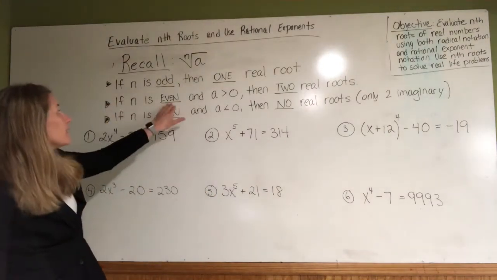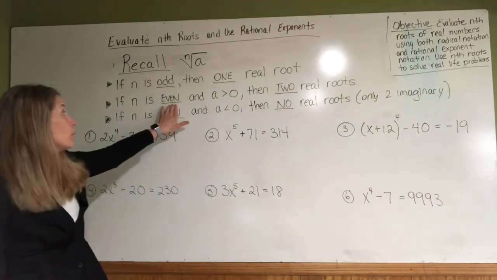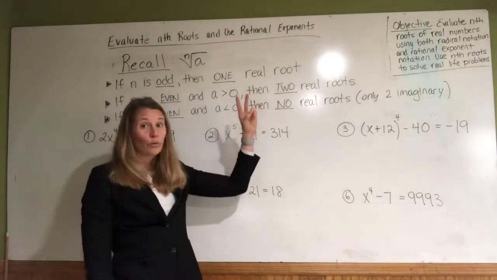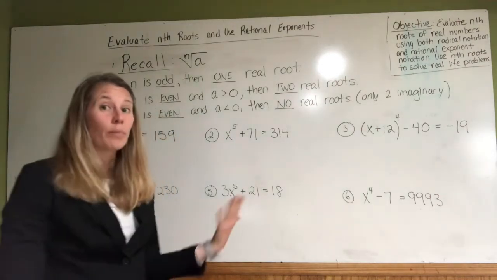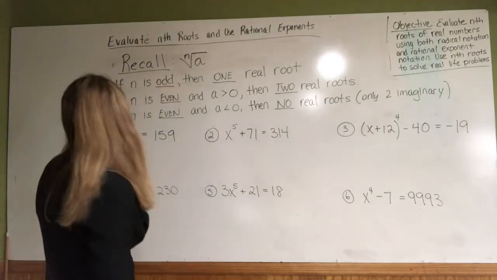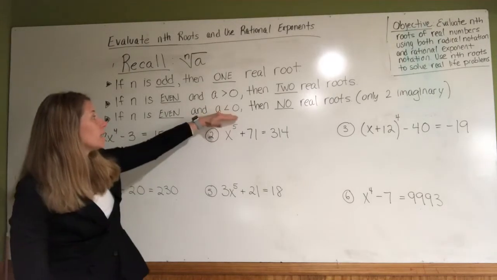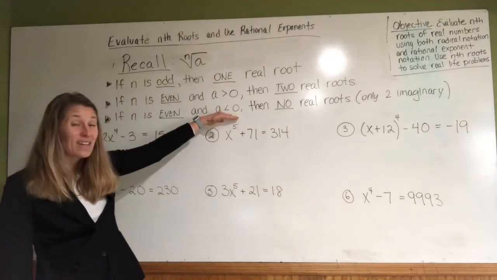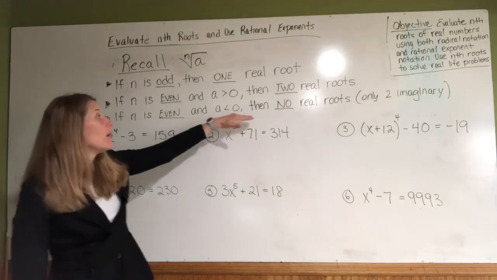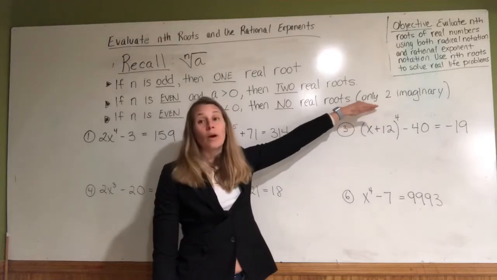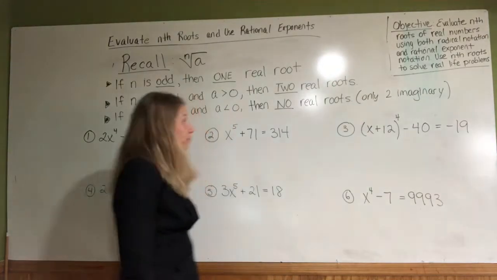If n, however, is even, so you're taking an even root, and a is positive, then you will have 2 real roots for your answer, the positive and the negative version. If n is even, so you're dealing with an even root again, and a is negative, so you have a negative number inside that radical, then there are no real roots. Technically, you only have two imaginary solutions.